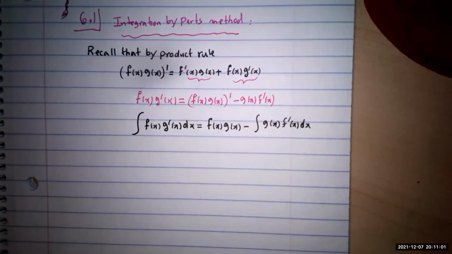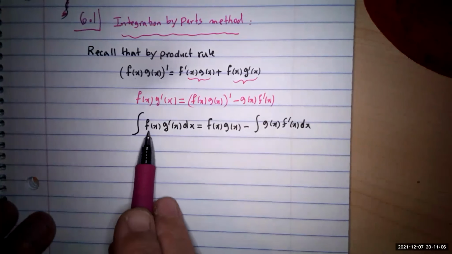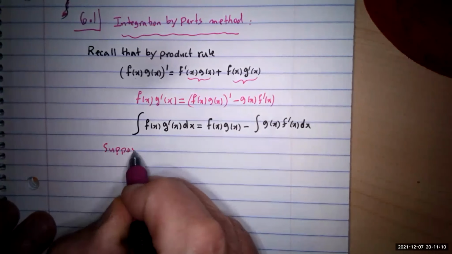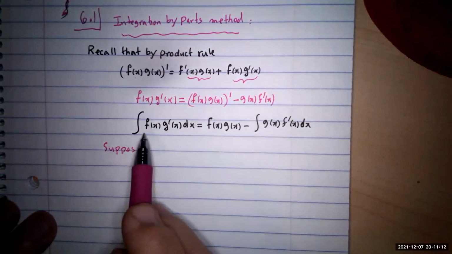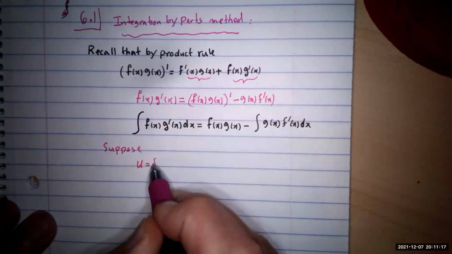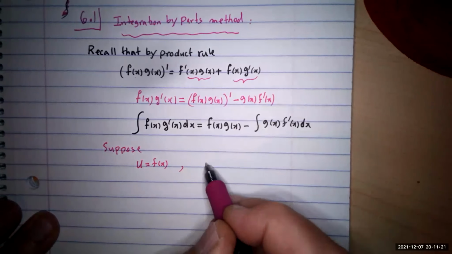To make it easier to remember, I'm going to use an easier notation. We call f of x to be u. U is going to be f of x. V would be g of x.